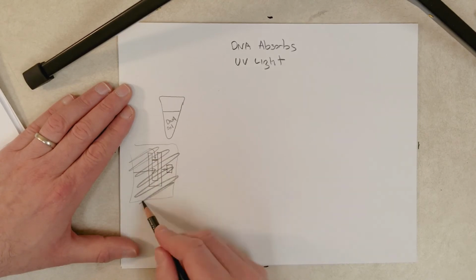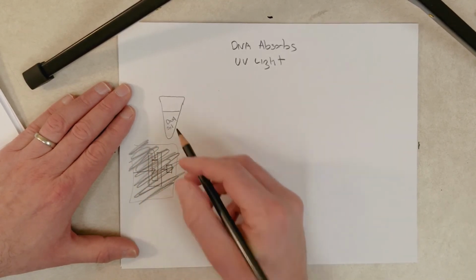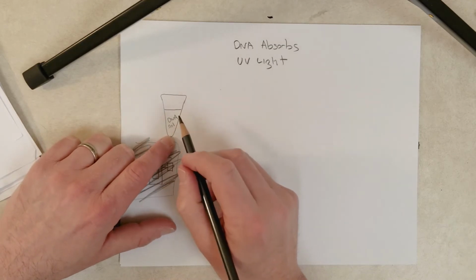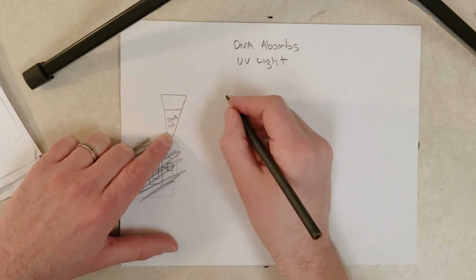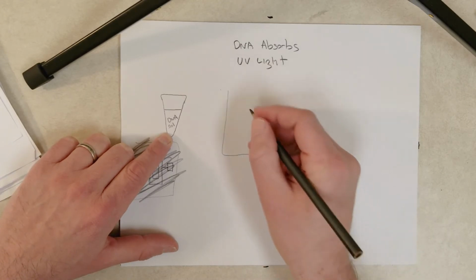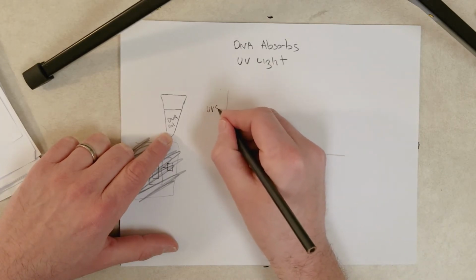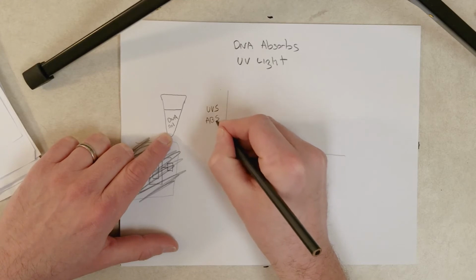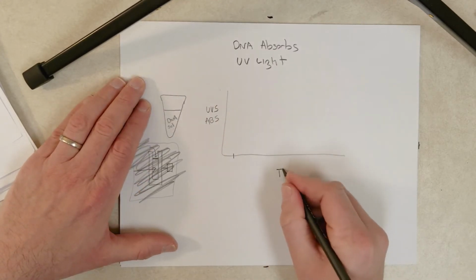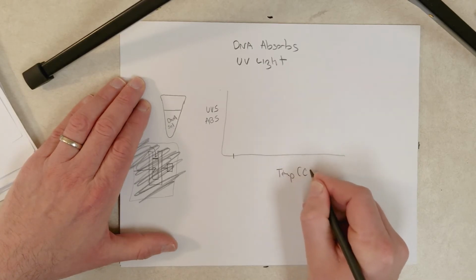But we don't really need to know that. We just need to know that we have DNA in a solution and we are measuring the absorbance, and we can measure it at different temperatures. So on the y-axis, I'll have UV absorbance right here, and down here we'll have temperature, and we'll say it's in Celsius.